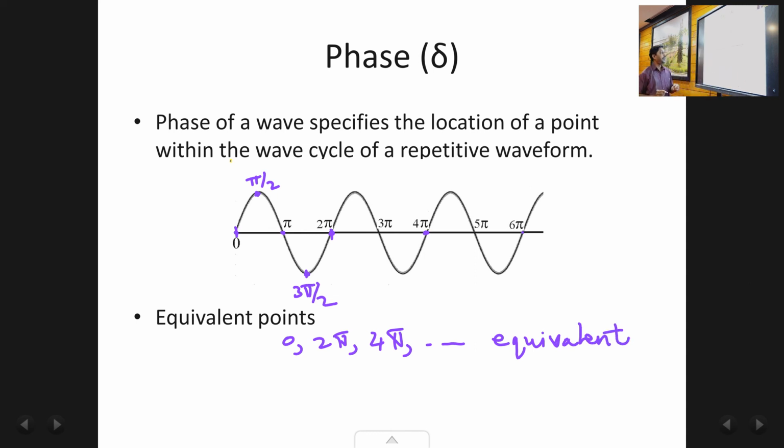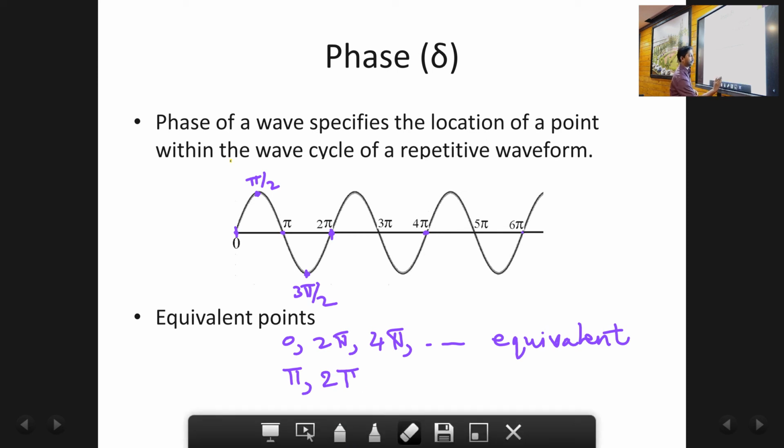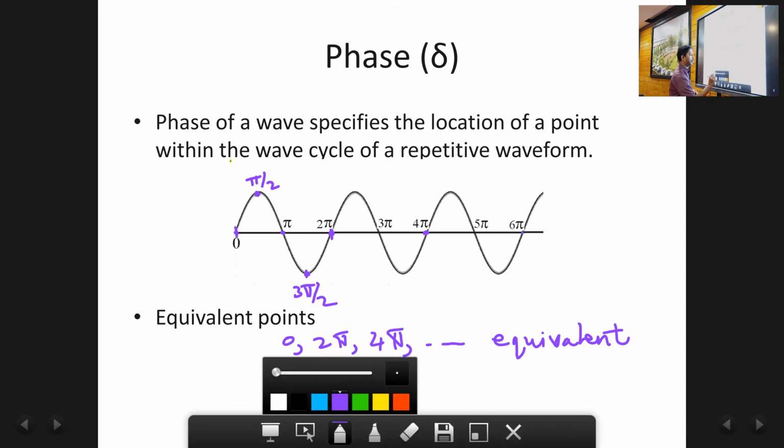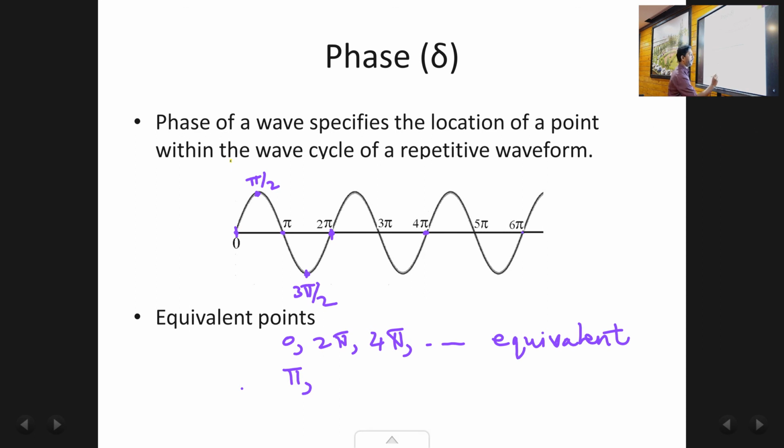Similarly, points like pi, 3 pi, then 5 pi and so on, these also are equivalent points. Why?